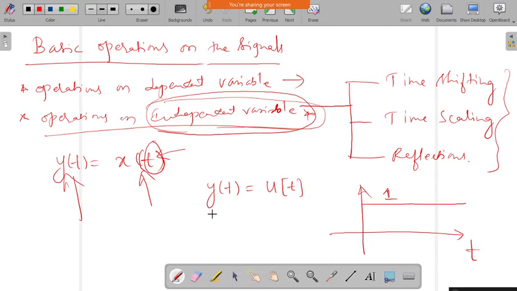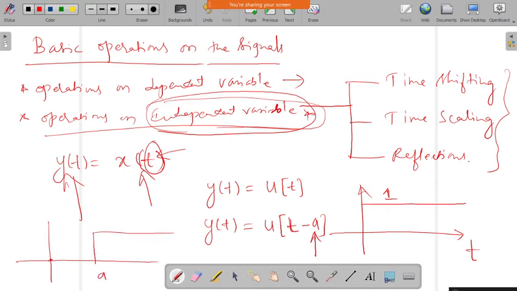If I shift this signal by an amount a, that is u of t minus a, where a may be any value, then t minus a means it is a right shifted signal. From t equal to 0 till the value of a, the signal is right shifted. So that is time shifting.